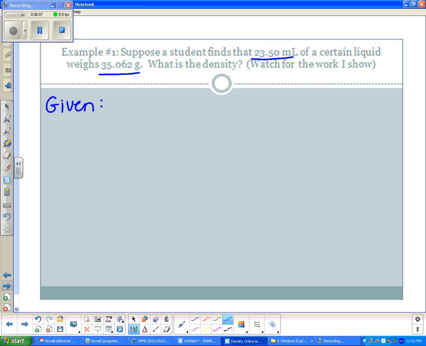What is milliliters the unit for? Volume. So we know the volume, which is 23.50 milliliters. And we also know 35.062 grams. And grams is the unit for mass. So we have our two pieces of given information.